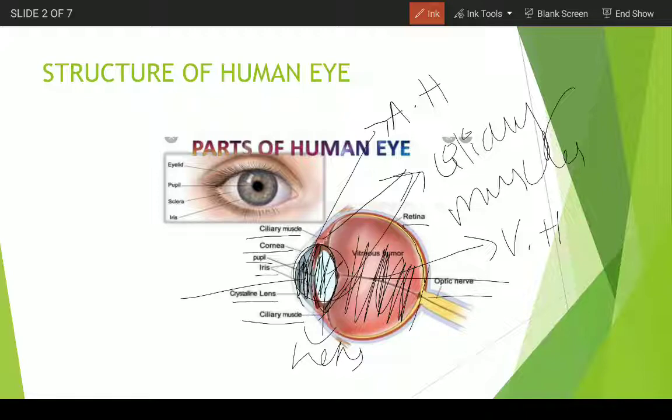It transmits electrical impulses from the eye to the brain. Vitreous humor and aqueous humor. Vitreous humor is between the lens and retina, and aqueous humor is between the cornea and lens. What is the function of aqueous humor? It helps in the functioning of the eye. And vitreous humor keeps the eye wet, right?